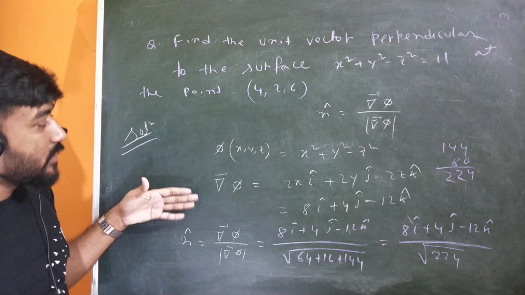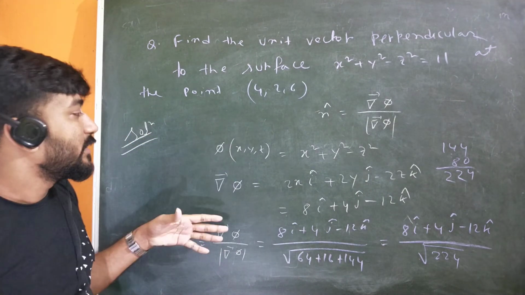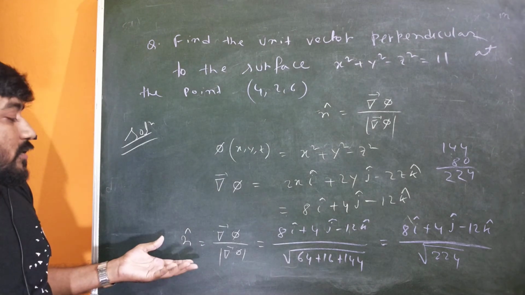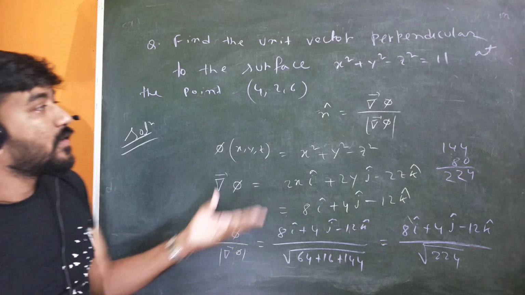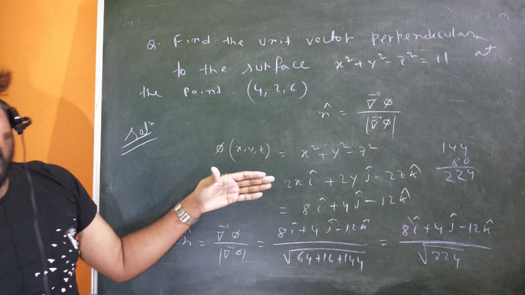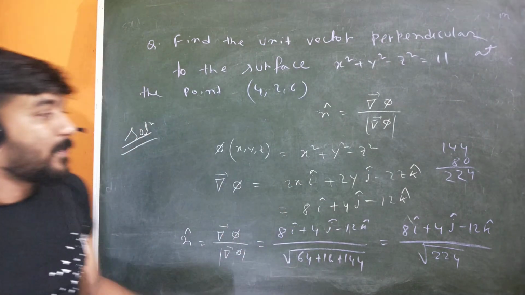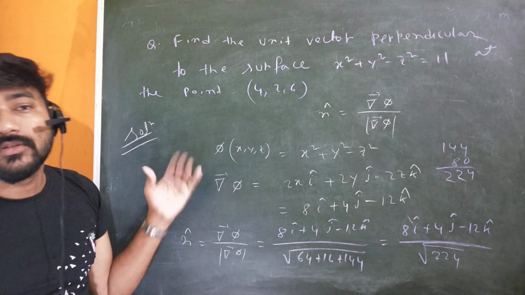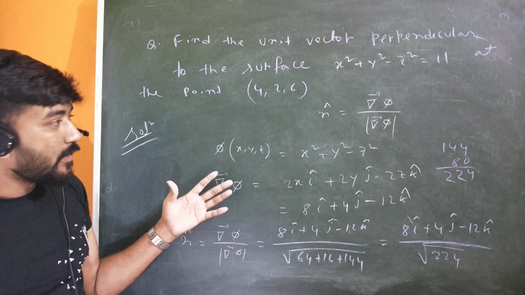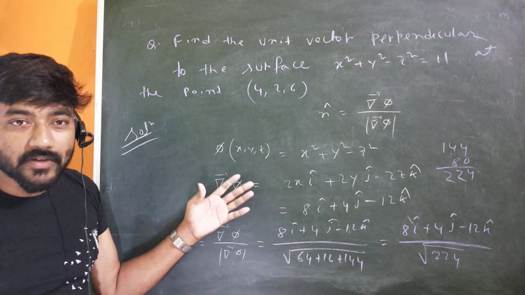The questions are not asked directly like this in your competitive exam, but this concept of calculating the unit vector, that is the direction of grad phi, we have to use many times in various problems. So just go through this concept from any book that you have, and then I suggest you practice the problems from Schaum's. Okay, thank you.